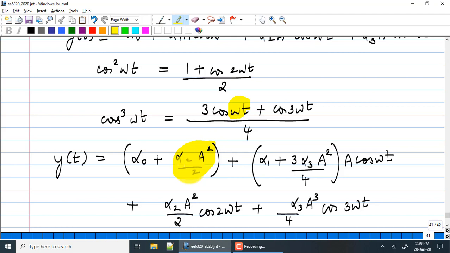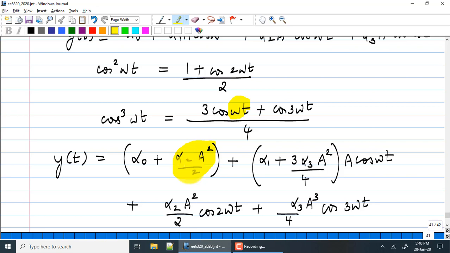What that means is that if you had a system with even order nonlinearity, and somewhere in the chain it had baseband content, A cos omega t is the RF signal. But somewhere along the chain, if you had baseband content, this is now changing the baseband content. I hope you can see that.